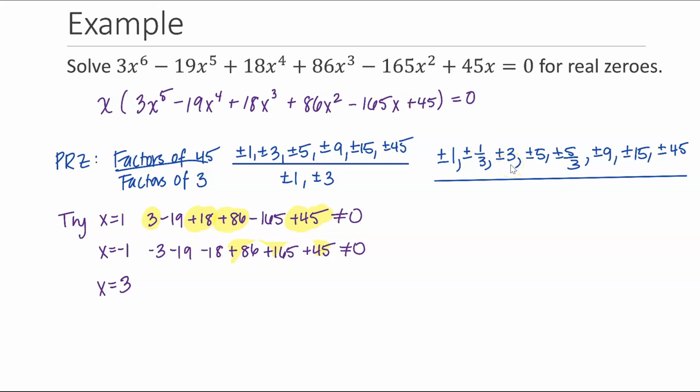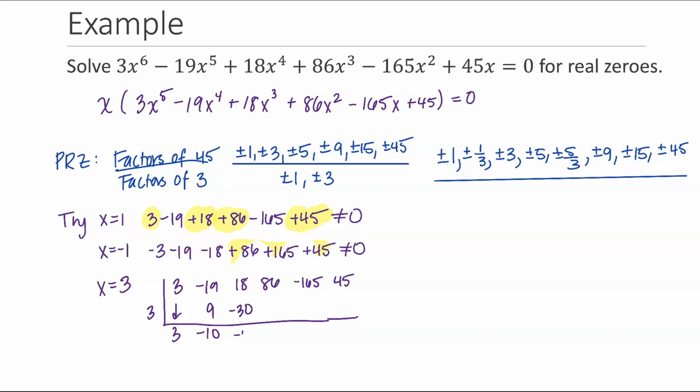So if I try x equals 3, I am going to try it with synthetic division. So we're going to take 3, negative 19, 18, 86, negative 165, and 45, and see what happens. So if I drop down the 3, 3 times 3 is 9, I get negative 10 if I add down. 3 times negative 10 is negative 30. If I add down, I get negative 12.